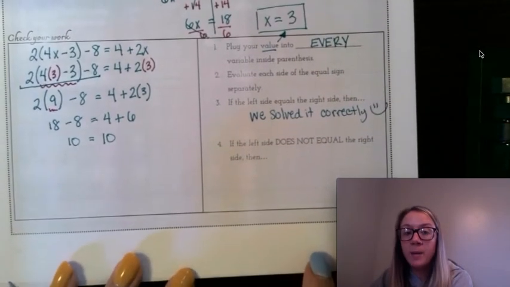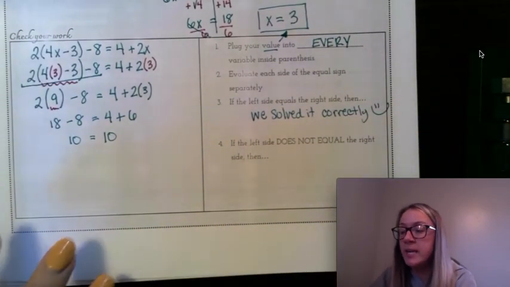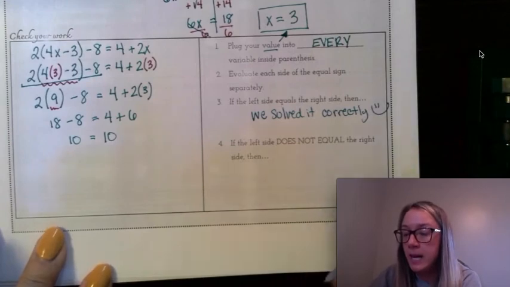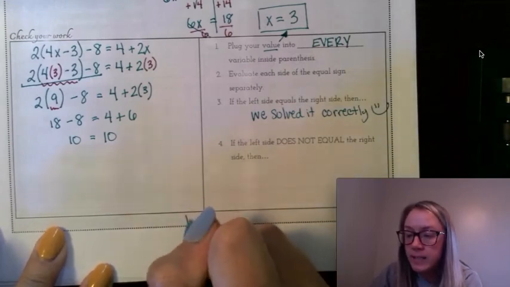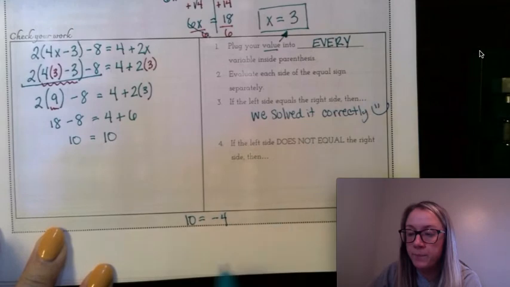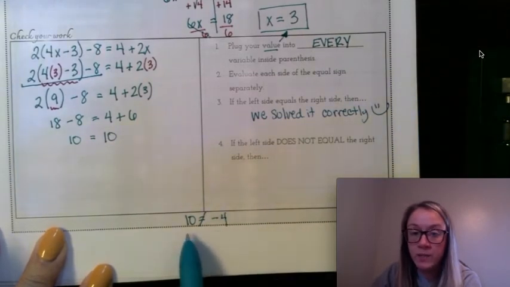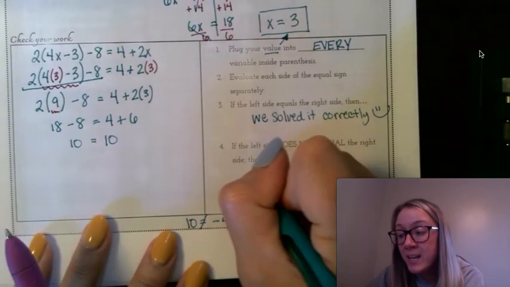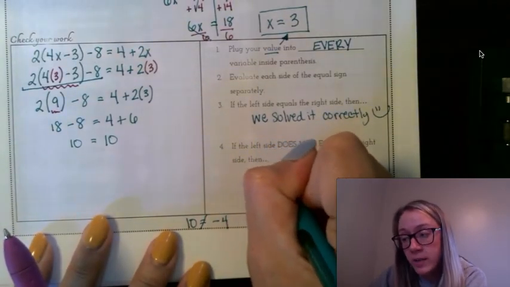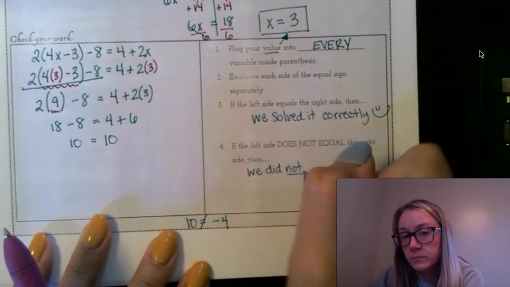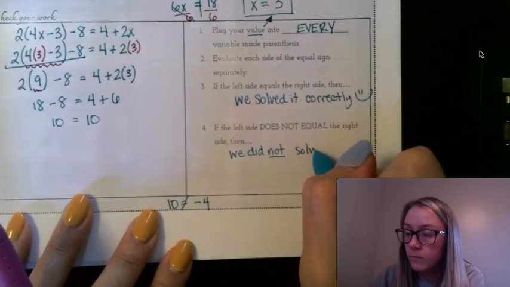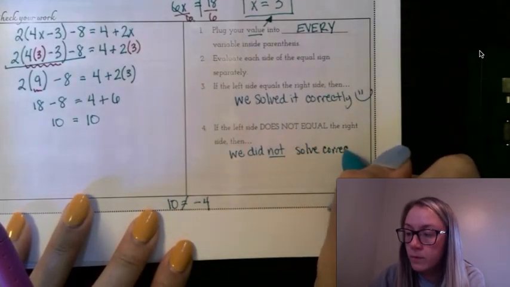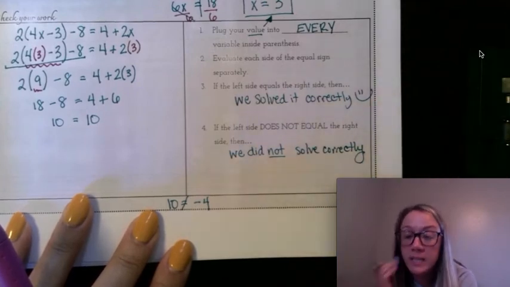If you end up plugging in what you think the answer is and you end up getting something like, let's say we got 10 equals -4. The left side does not equal the right side, so these are not the same number. Then we did not solve it correctly. So we need to resolve the original problem.